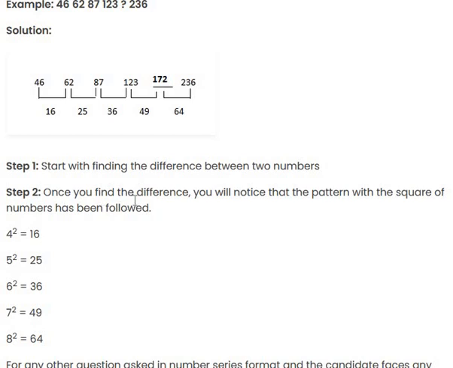Step 1, start with finding the difference between two numbers. Step 2, once you find the difference, you will notice that the pattern of the squares of numbers has been followed. 4 square is equal to 16, 5 square is equal to 25, 6 square is equal to 36, 7 square is equal to 49, 8 square is equal to 64.